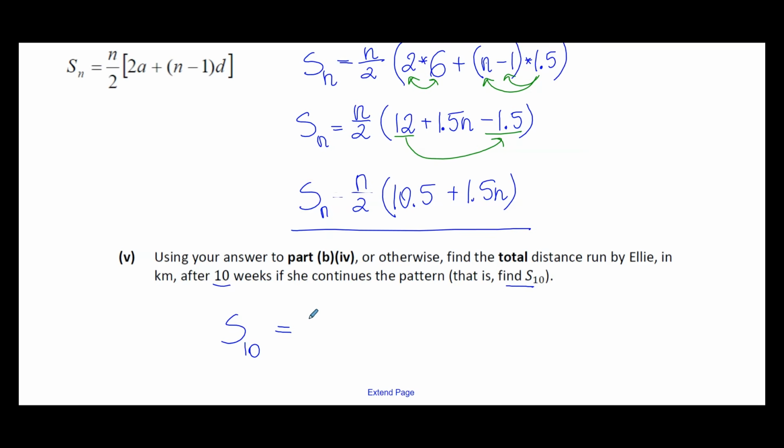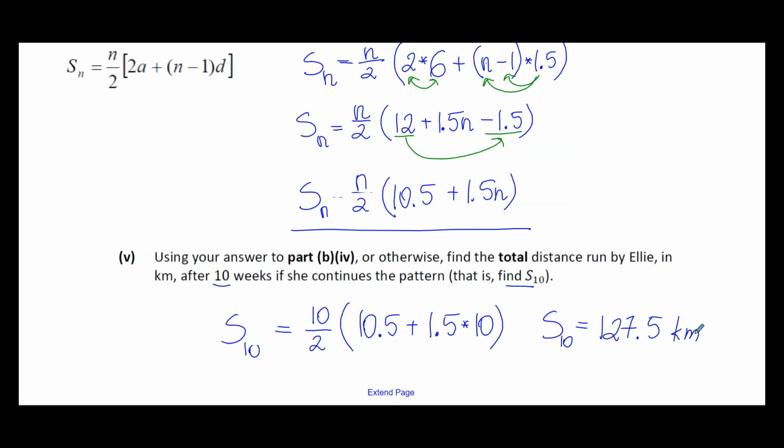So my n here becomes 10 divided by 2, bracket 10.5 plus 1.5, and that multiplied again by 10 here. And all we do, we put that in the calculator, press equal, and we have what she ran together from the beginning in week 10, 127.5 kilometers.